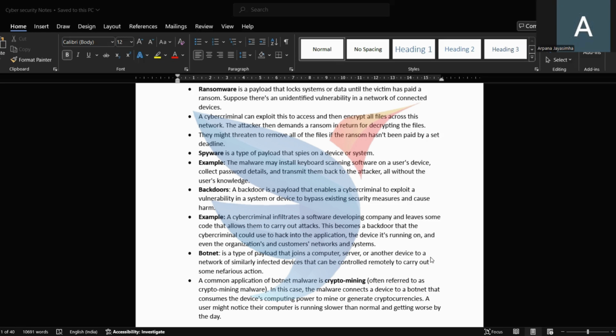In this case, the malware connects a device to a botnet that consumes the device's computing power to mine or generate cryptocurrencies. A user might notice their computer is running slower than normal and getting worse by the day.